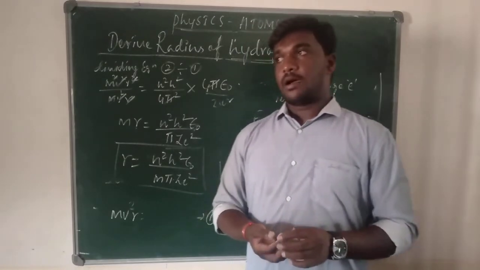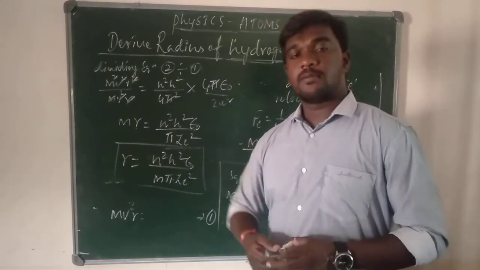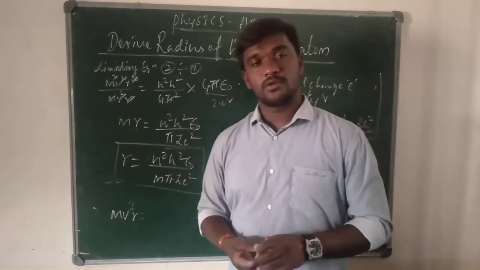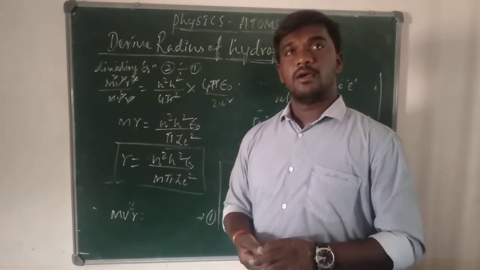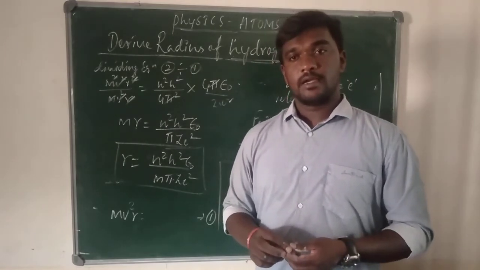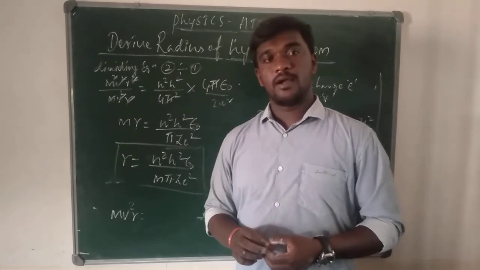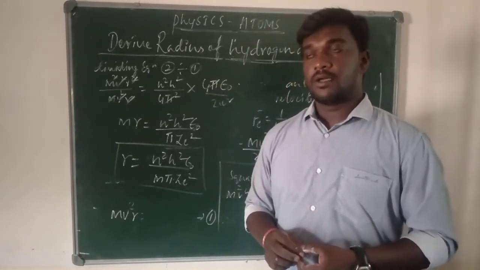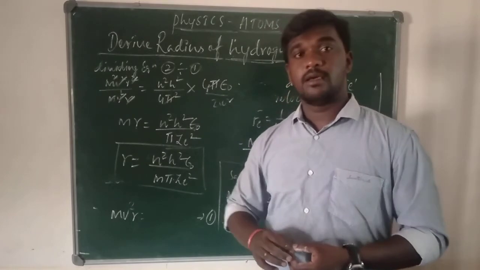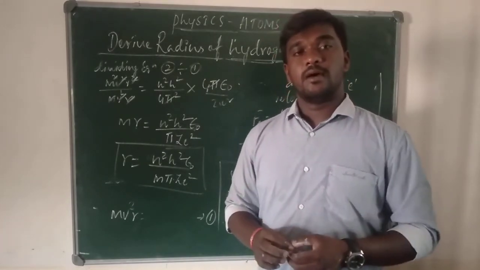Another postulate is that the atom is electrically neutral, so the total negative charge of the electrons equals the total positive charge. The electron revolves around the nucleus in a circular orbit, and the centripetal force required is provided by the electrostatic force of attraction between the nucleus and the electron.